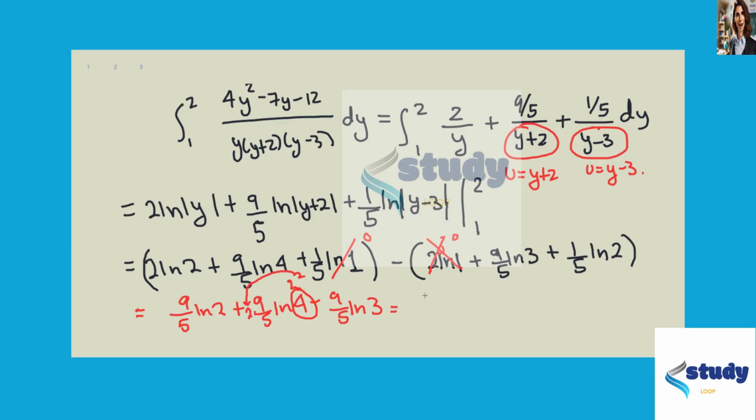So we have 9/5 ln 2, and then 2 times 9, so we have 18 over 5 ln of 2, minus 9/5 ln 3, and then just combine those first 2 fractions. And we have 27/5 natural log of 2, minus 9/5 ln of 3, and there's our final answer.